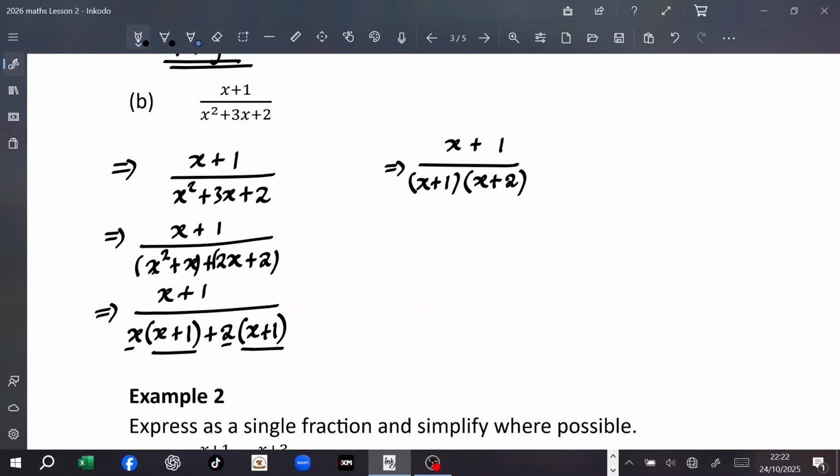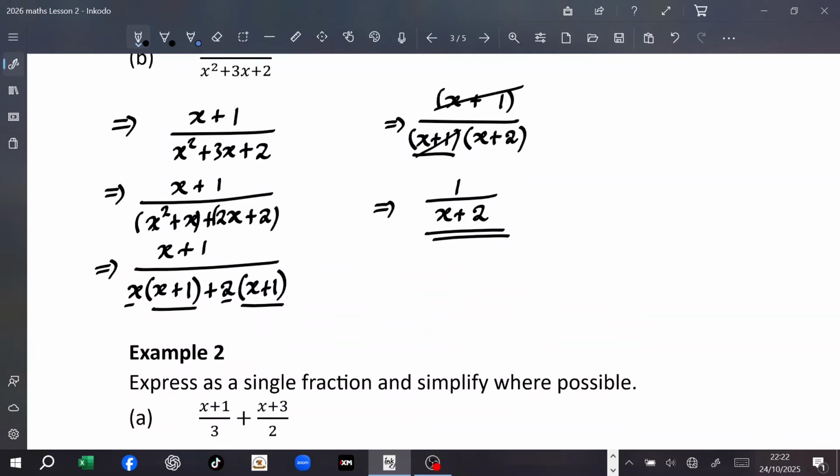So you see that this one and this one are similar. So this one is an entire term, this one and this one can go. So once that one is out, on top there is only 1. Then down here you just remain with x plus 2 like that. All right? So that would be the answer there.